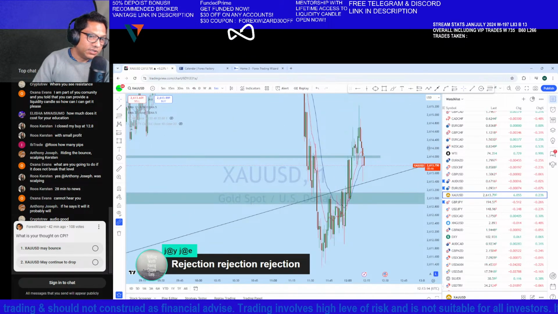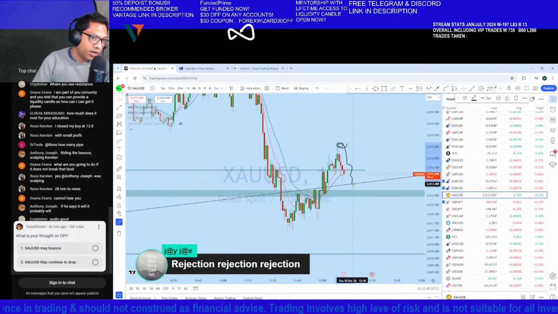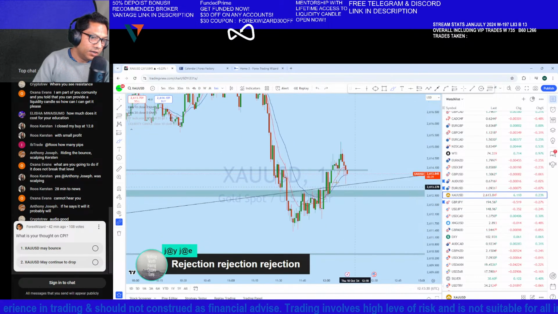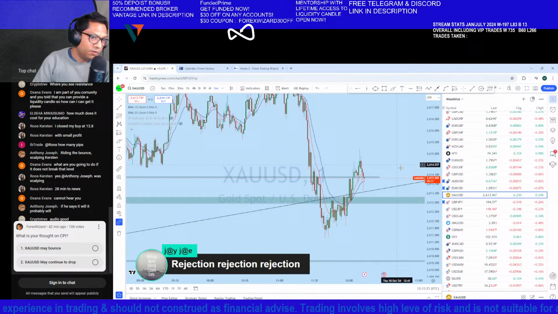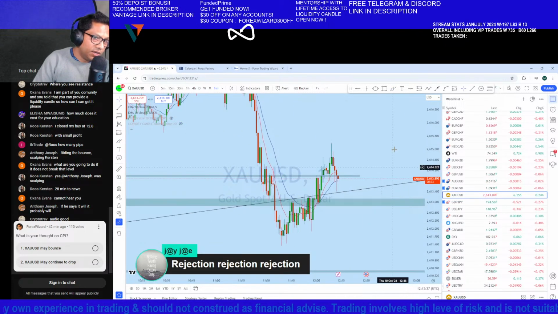What we can see here is that locally it's trying to break below, and we expect the market to drop down here to see how far it might be heading.